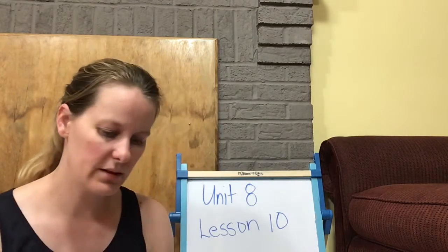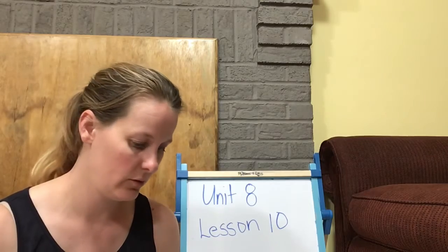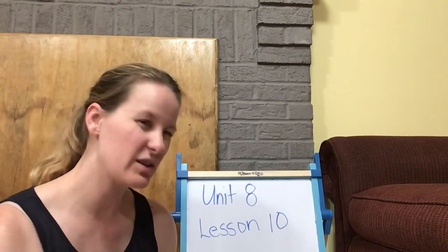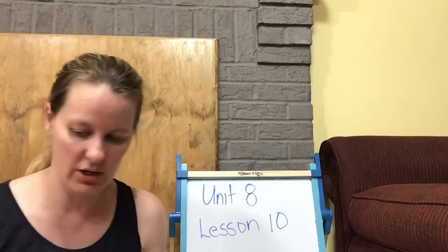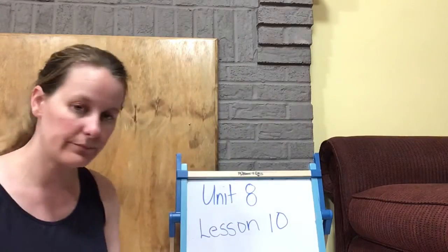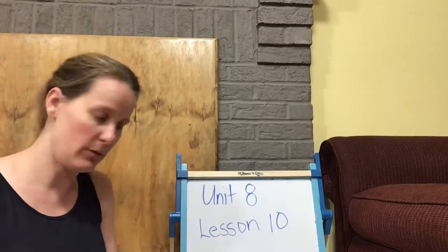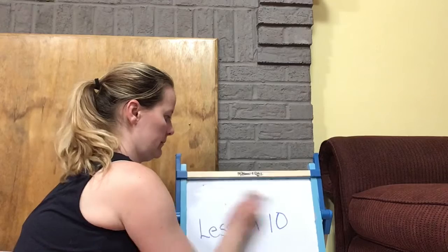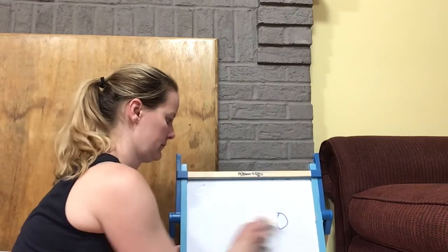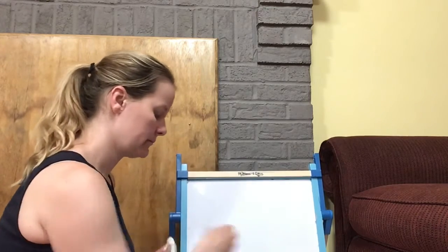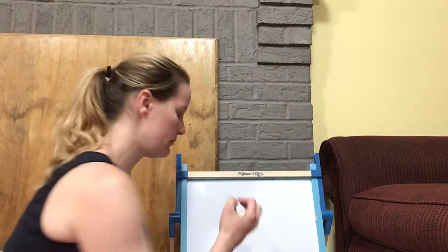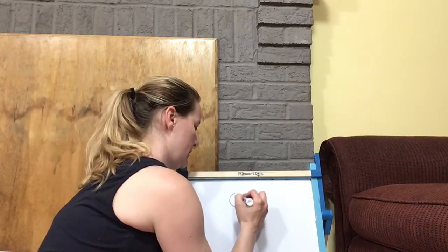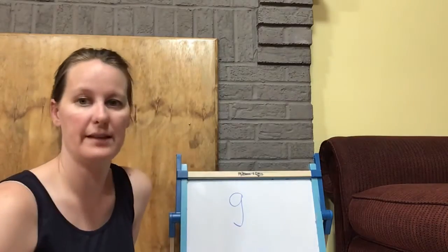Sometimes we will have words that are spelled differently than they sound, kind of like our tricky words. So I'm going to write a couple of letters on our board. I'm going to write this letter on the board. What letter is that?